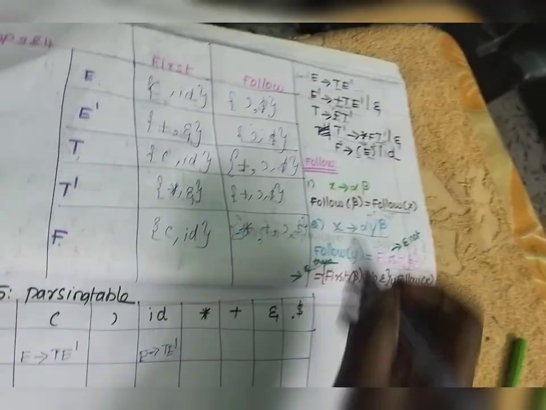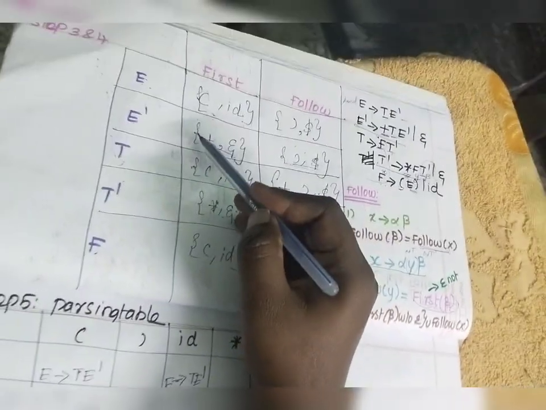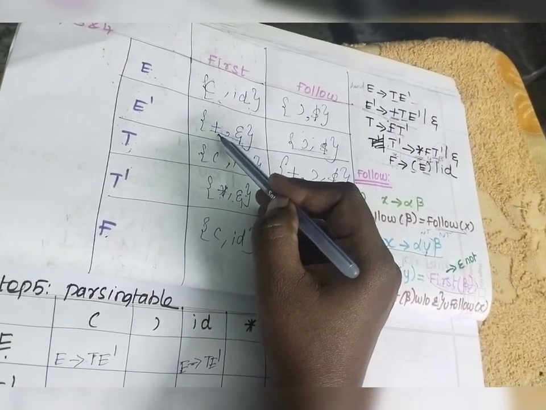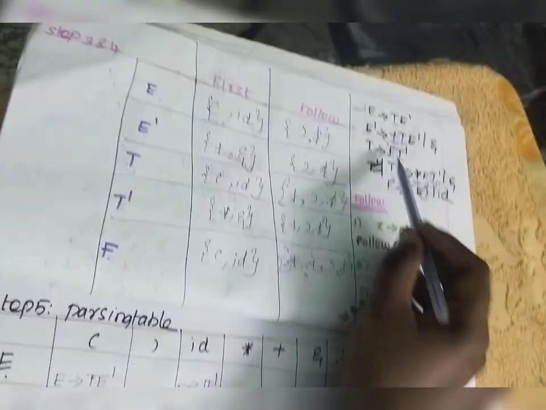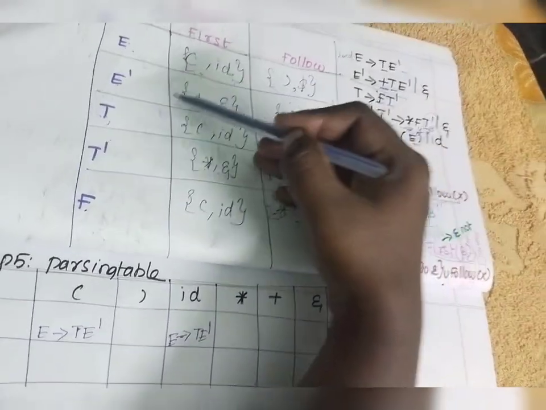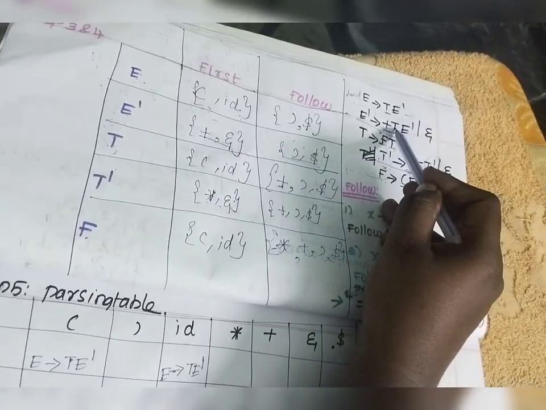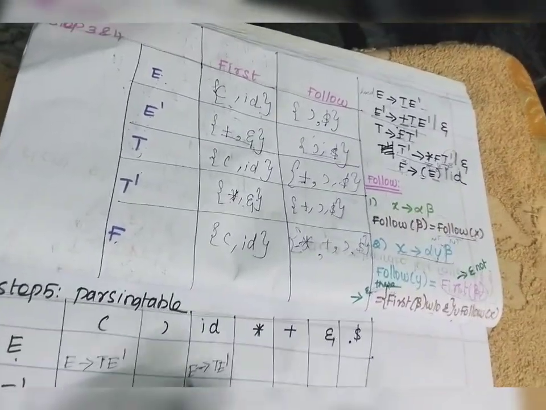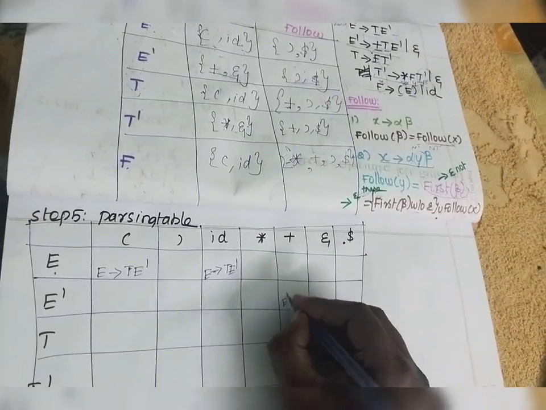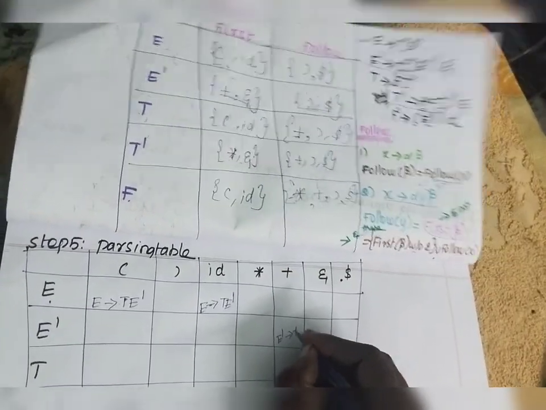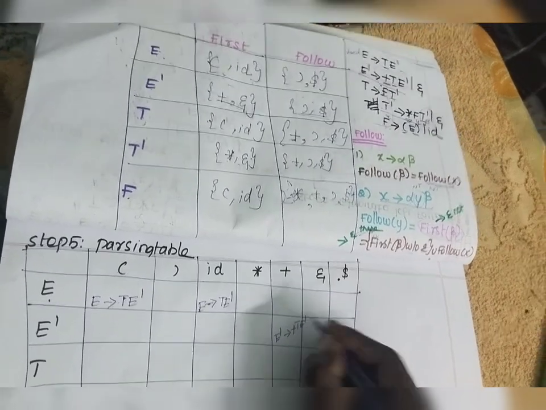Then again you can check the first position of E dash. E dash first position is plus, epsilon. First you have to write for the plus. If it is epsilon there now, you have two productions. For the plus you have to write the first production, that is E dash tends to plus T E dash.